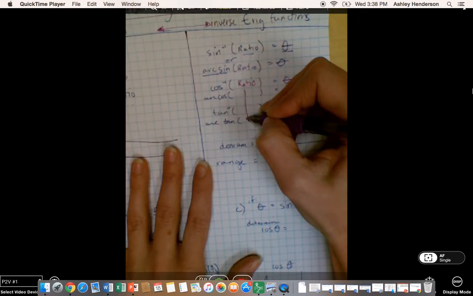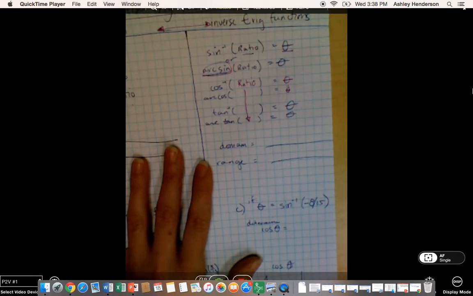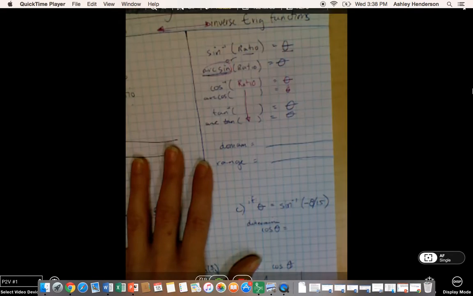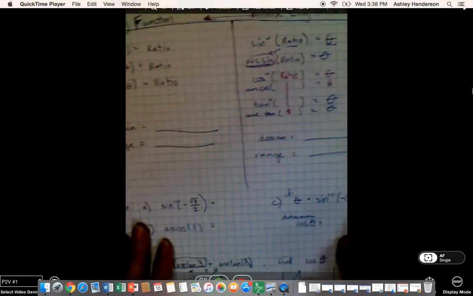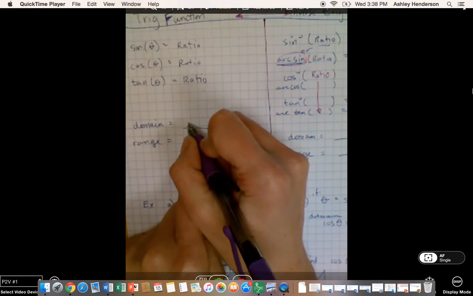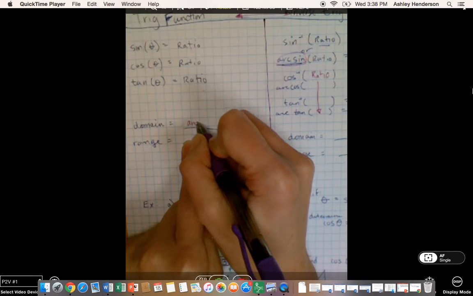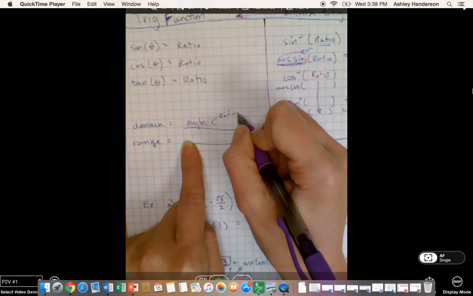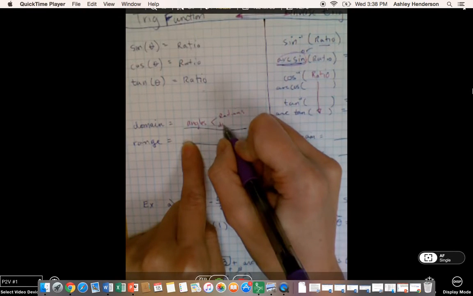This terminology right here might confuse you, arc sine, but it's just a different way of saying the same thing, sine inverse. It's the same function. The domain of the sine is angles, and those can be in radians or in degrees.